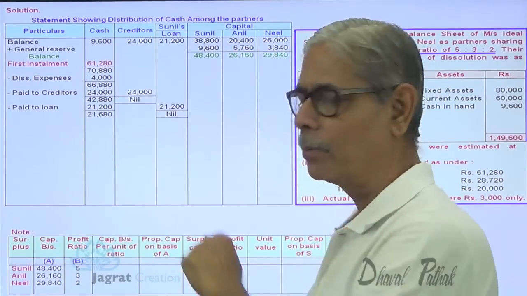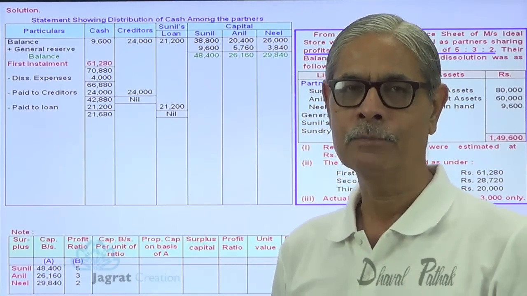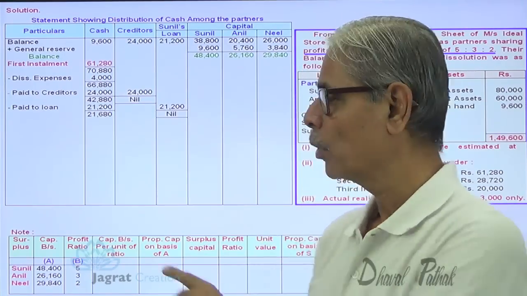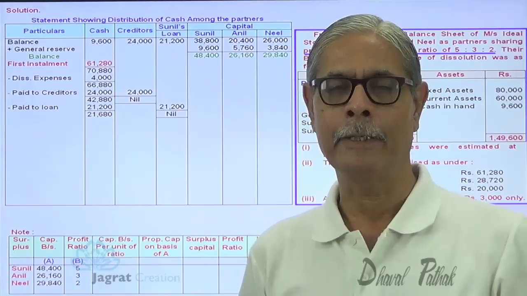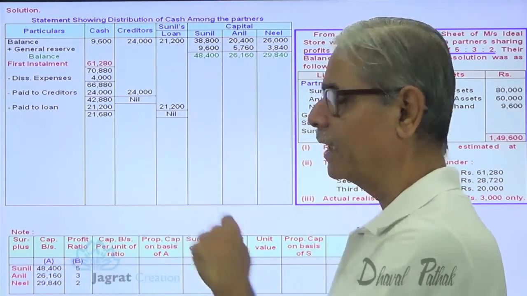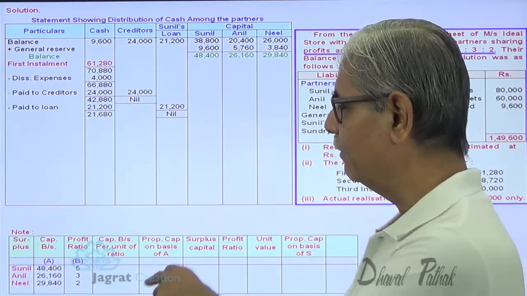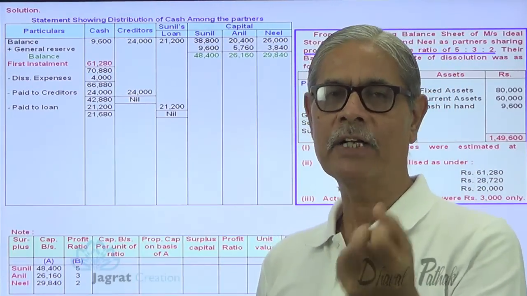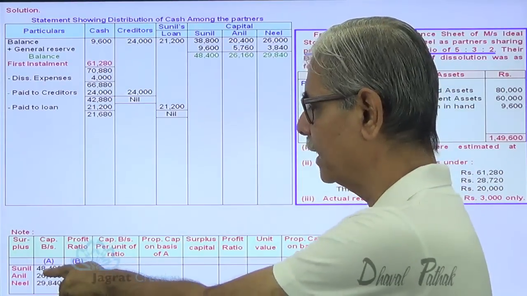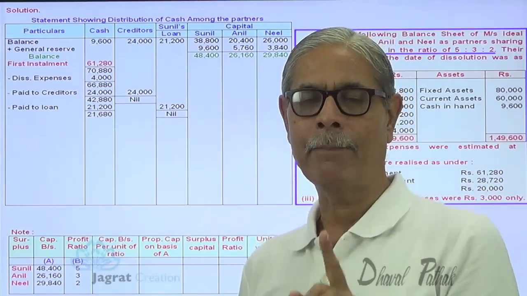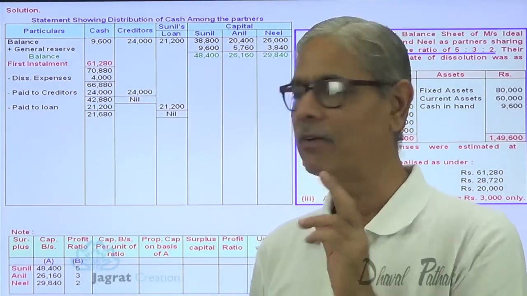His capital contribution is 48,400. So per unit share in profit, how much is the capital contributed by him? So that I can work out 48,400 divided by 5. So I will get capital balance per unit of profit ratio.